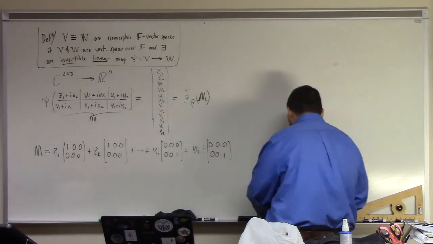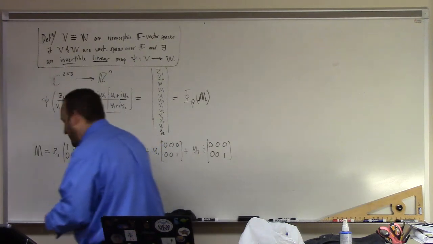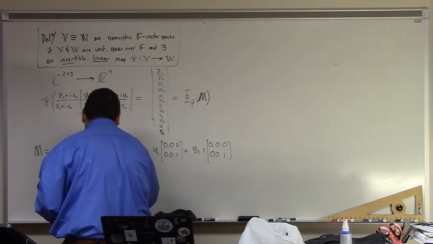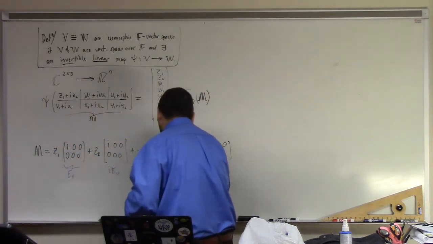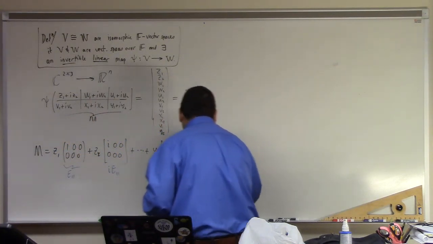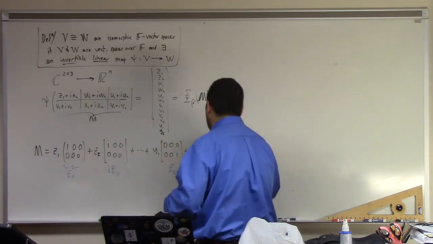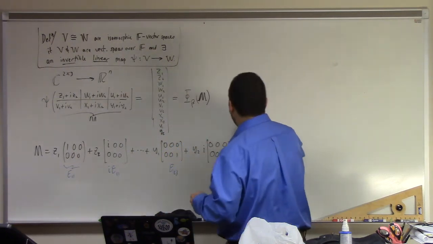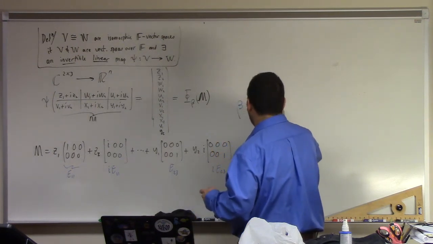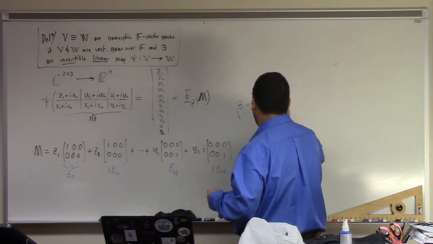What are those? Well, there's a lazier notation. This is E11, this is iE11, this is E23, and this is iE23. So the answer to my question is that beta is E_ij, i.